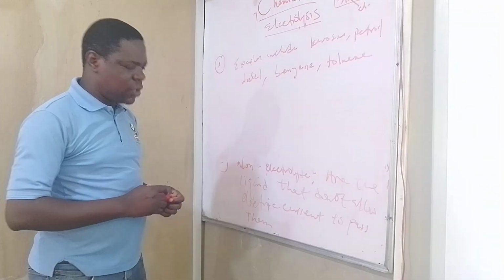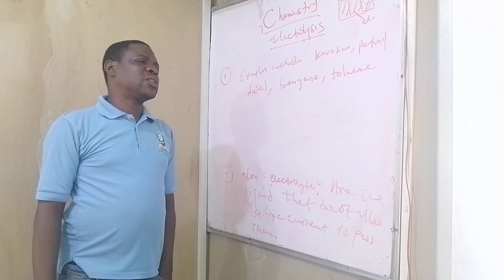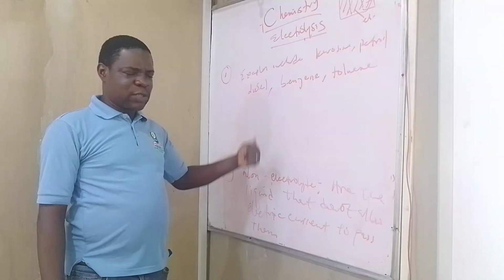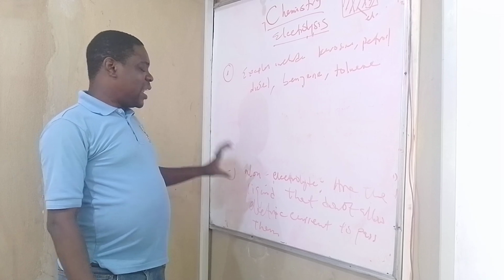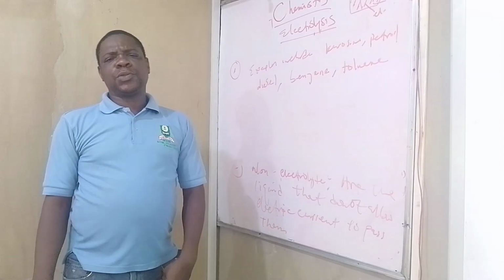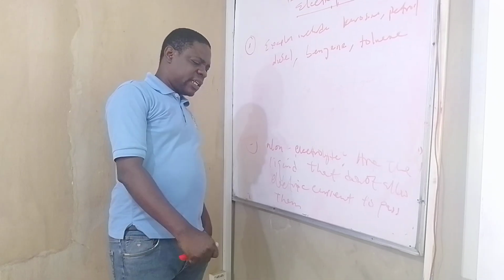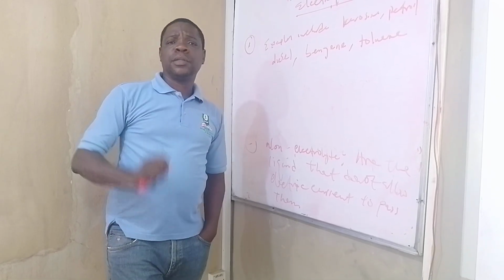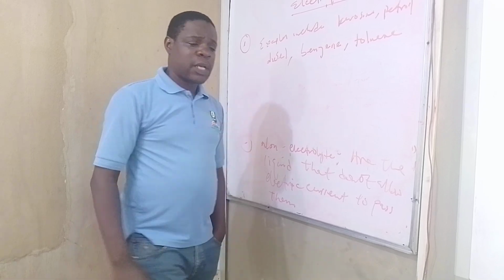The majority of these organic compounds are non-electrolytes. Why? Because they don't contain charged particles. We will talk about that shortly. But electrolytes contain charged particles, and that is the reason why they can allow electricity to pass through them. Is that clear? Can I go forward?